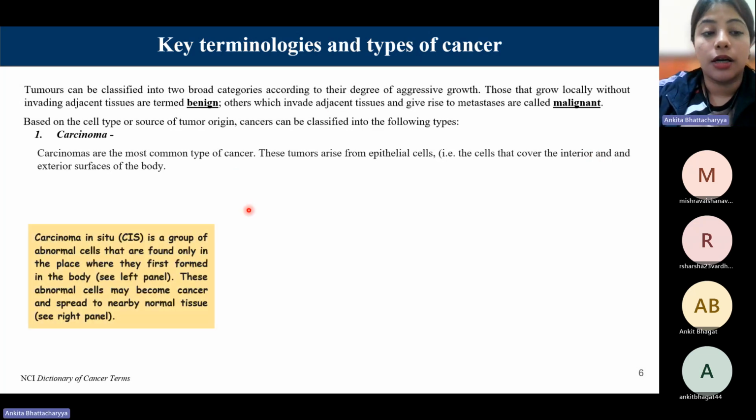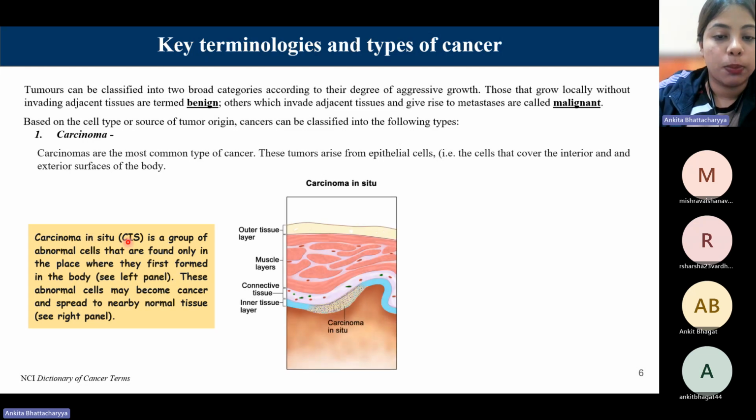Among carcinomas, what I wanted to especially define with you guys, even though we have discussed it already, is the carcinoma in situ, which is CIS, and it is a group of abnormal cells that are found only in the place where they first formed. You must see this panel, and you can see that there is an outer tissue layer, muscle layer, connective tissue, inner tissue layer, and within this inner tissue layer, you can see this abnormal mass of cells which are only localized within that site.